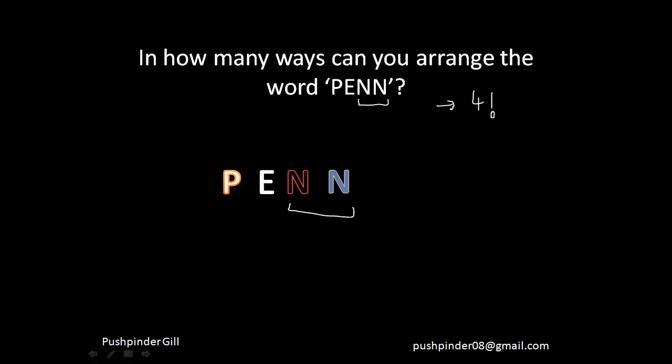In order to remove that, I have to remove all the possibilities in which this N has been mistaken for that N and that N for this N. Now it's very simple. If n objects can be arranged in n factorial ways, and out of them r are identical, the total number of arrangements possible is n factorial divided by the number of ways these r things can arrange themselves, that is n factorial by r factorial.